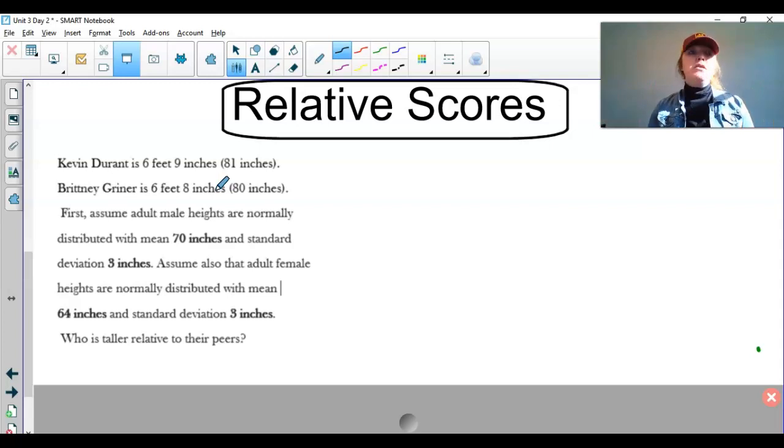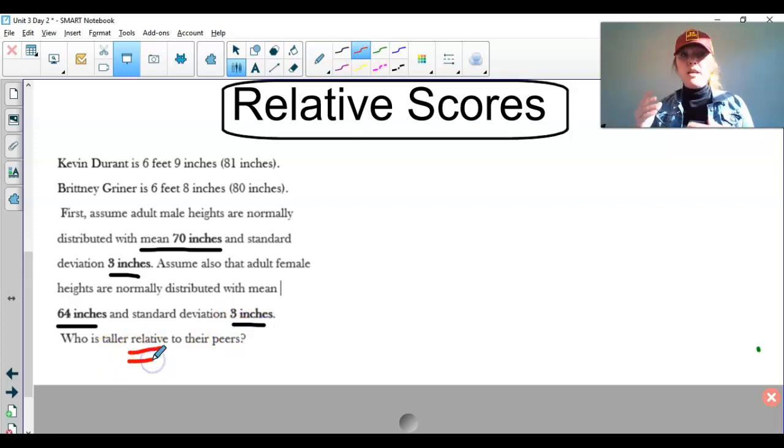First, we're going to assume that adult male heights are normally distributed with a mean of 70 inches and a standard deviation of 3. Assume also that adult female heights are normally distributed with a mean of 64 inches and a standard deviation of 3 inches. Who is taller relative to their peers?